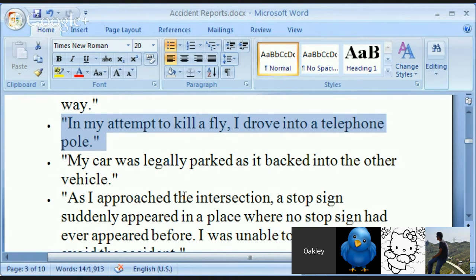Okay. So, what does it seem like he was doing here? Attempting to kill a fly. Why was he doing that? What do you think really happened, and what does it sound like happened from the way he wrote this?